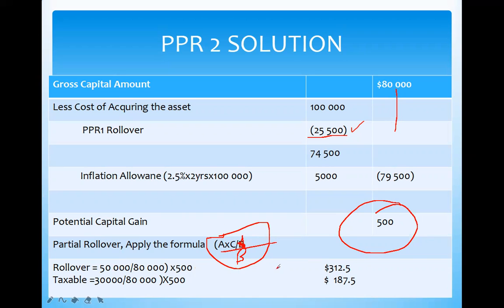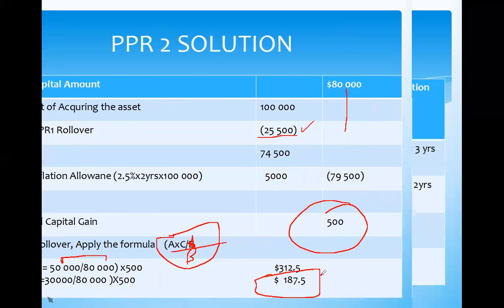This amount is rolled over, but the extra of this, the difference between this 500 and this 80,000, is fully taxable. So we are saying 80,000 minus 50,000, we get 30,000 over 80,000 times 500. This amount is fully taxable. It cannot be deferred.